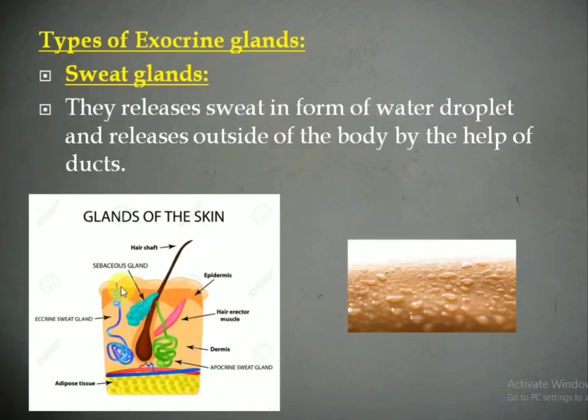Inside, they have sweat glands. This blue one is the sweat gland. With the help of ducts they release the sweat, so on the outer surface you can see water droplets. With the help of the sweat gland only, we have sweat on our body.